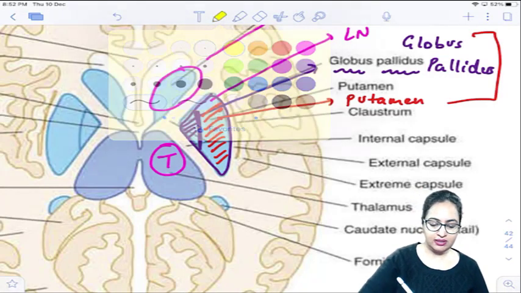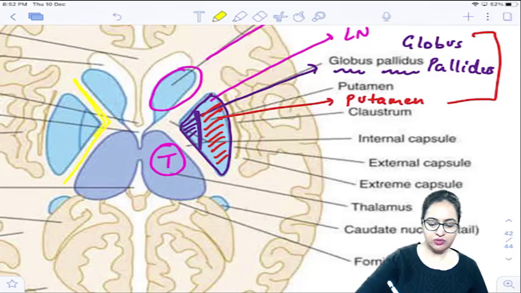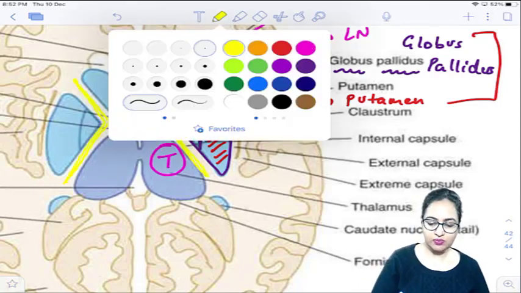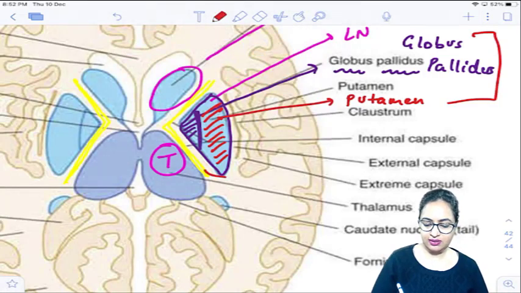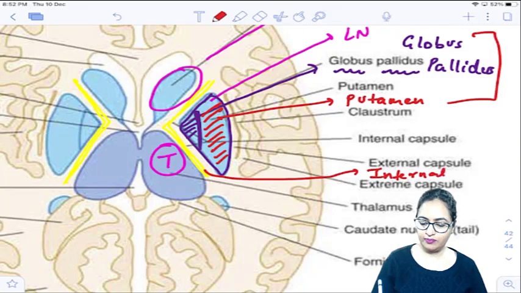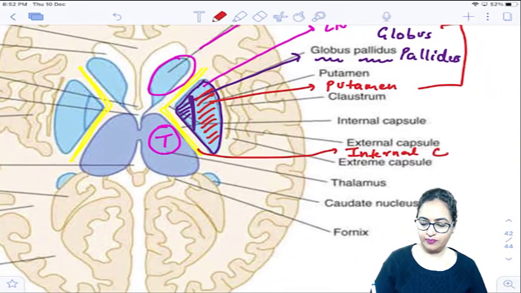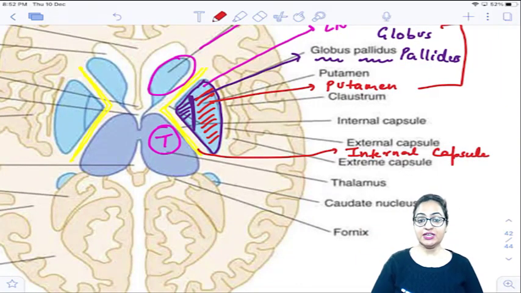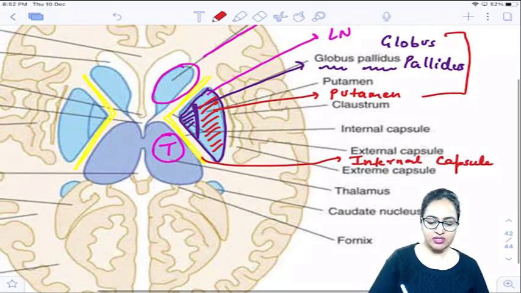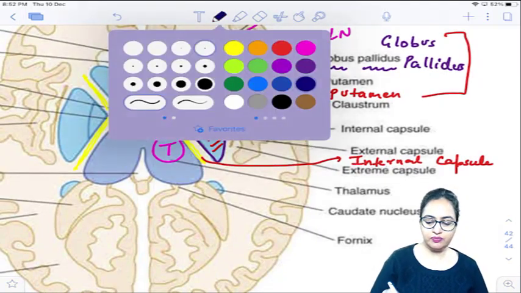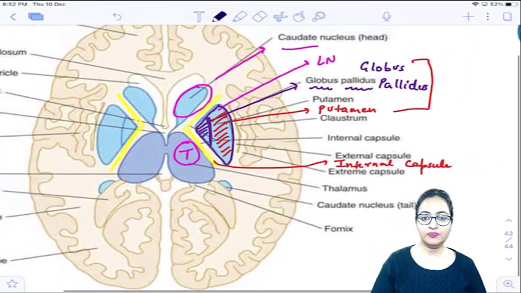We have already said that these V-shaped fibers present over here are the internal capsule. This is the internal capsule.